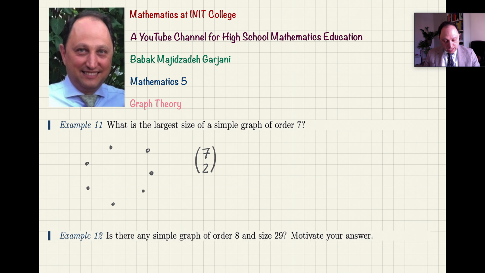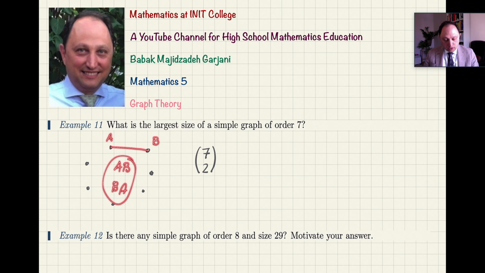Why? Because every choice that I make between these points will give me a line segment, and that is a combination problem, not a permutation problem, because there is no difference. If I call this vertex A and this B, there is no difference between line segment AB and line segment BA.